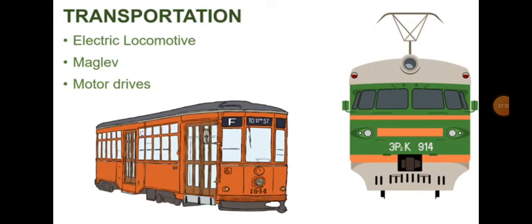Hyperloop has a tunnel inside which a capsule will run at very high speeds with the help of maglev systems. Maglev is magnetic levitation. For creating a huge amount of magnetic field, we need power electronic converters.